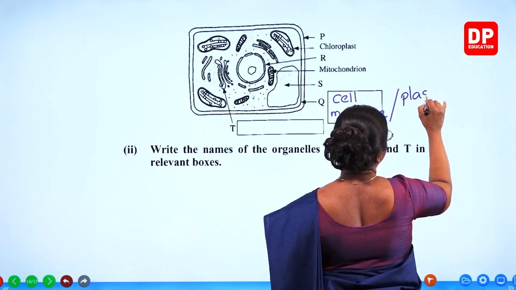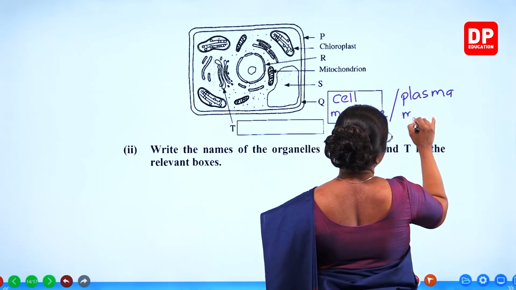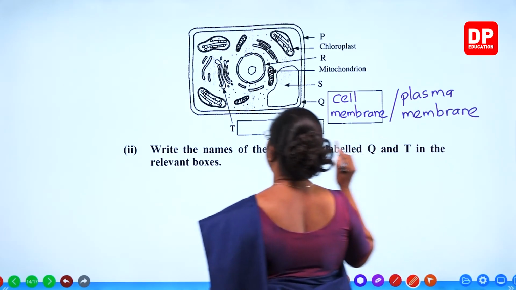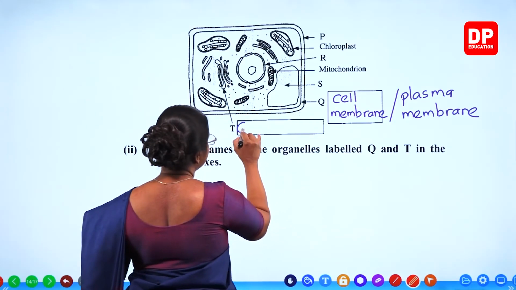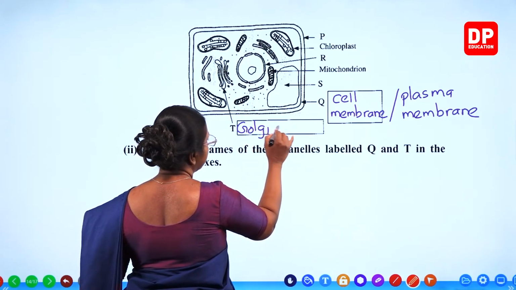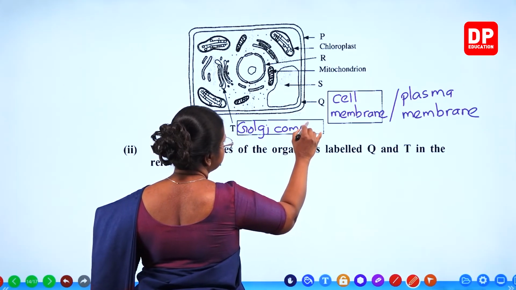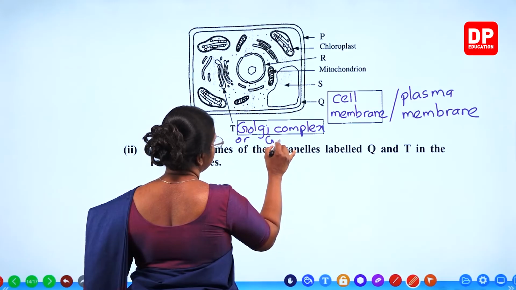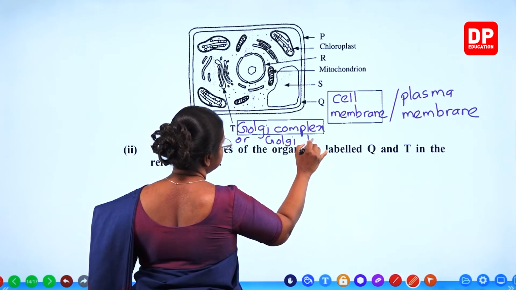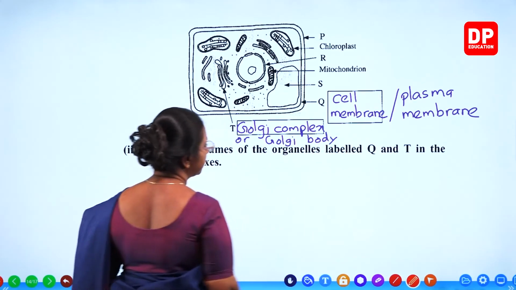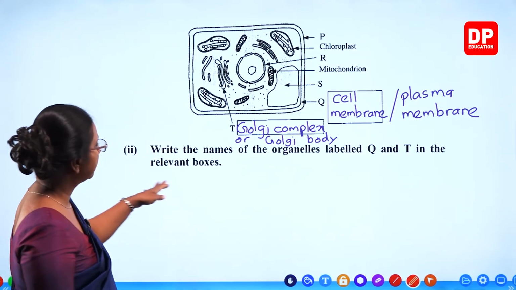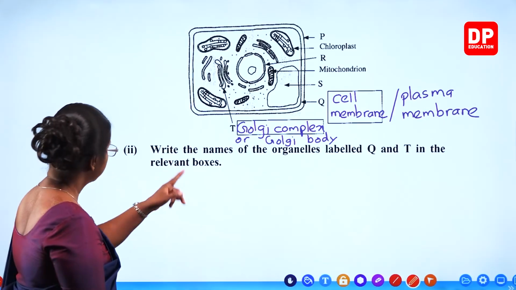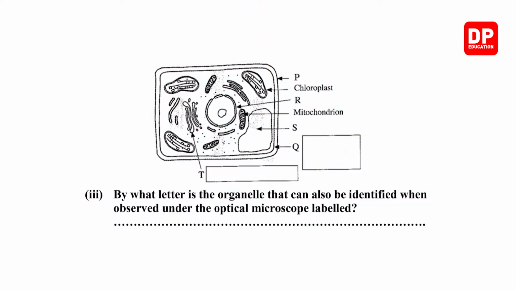Plasma membrane. Then on this side, T, like I said, Golgi complex, or you can write Golgi body. So you need to write the names inside the box given. Is that clear, students?